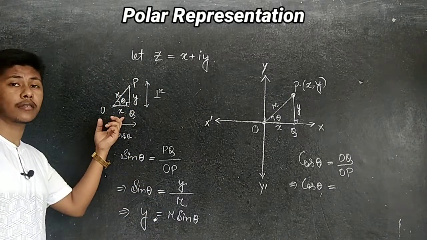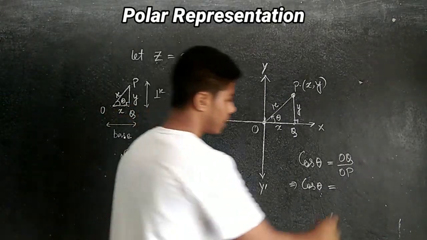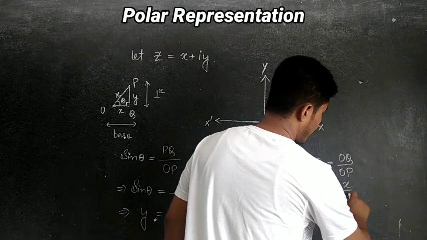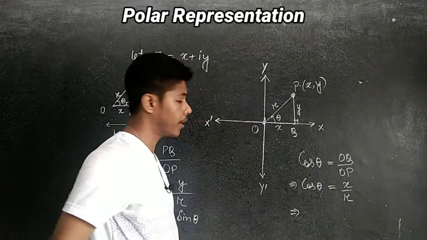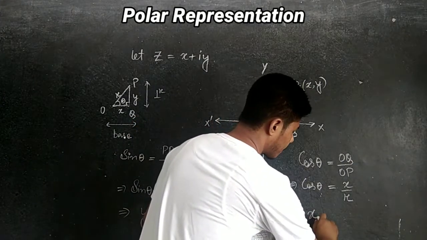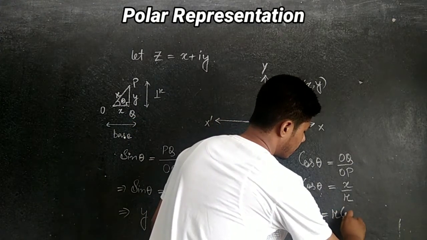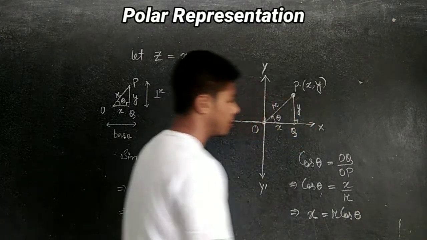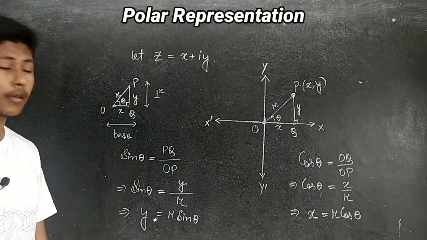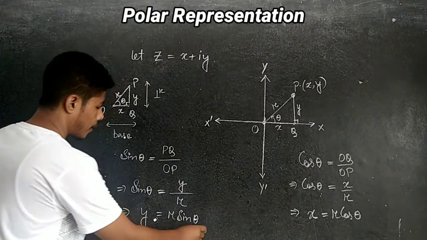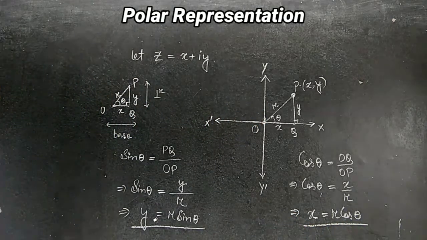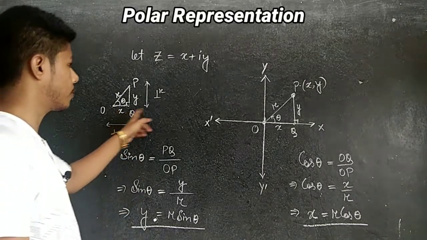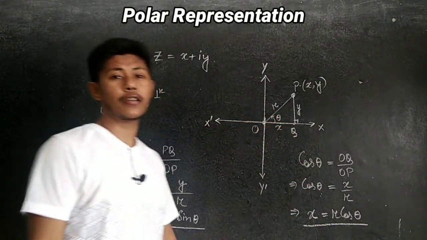OQ means x and OP means R. So we write x by R. Is it clear? And from here, what we get? X equals R cos theta. So here you see two results we get: y equals R sin theta and x equals R cos theta. From this right angle triangle we get these two results.